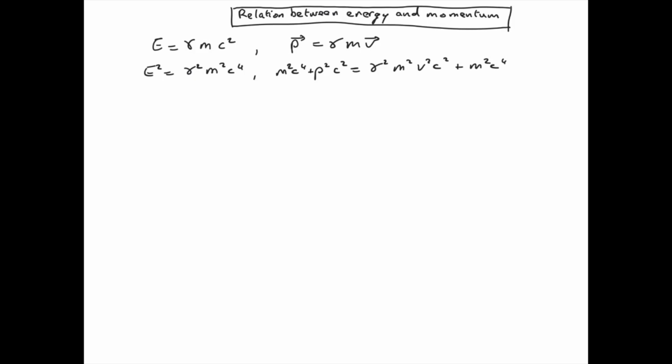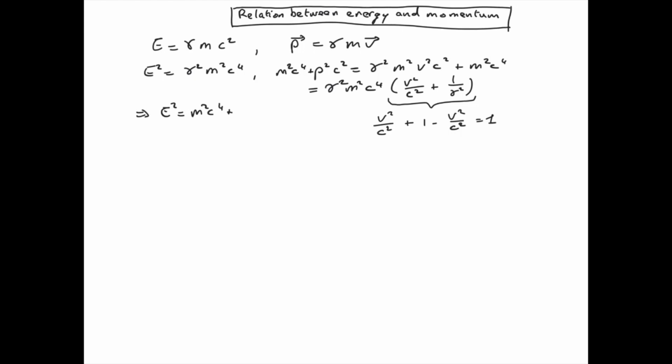Factorizing gamma squared m squared c^4 on the right hand side, we can write... We now show that the term between the brackets is just 1. So both equations are equal to gamma squared m squared c^4. Therefore we can write that E squared equals m squared c^4 plus p squared c squared.